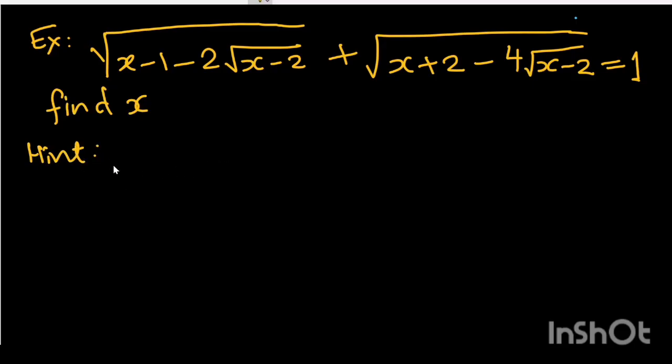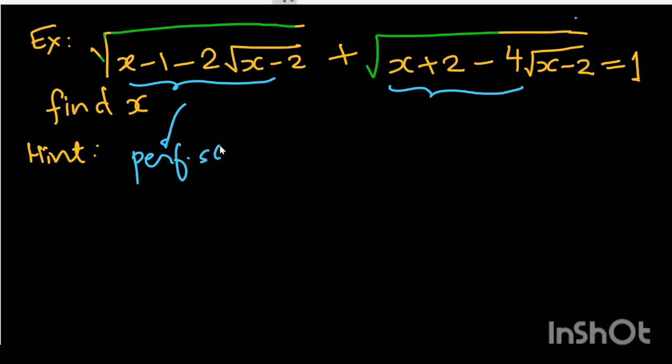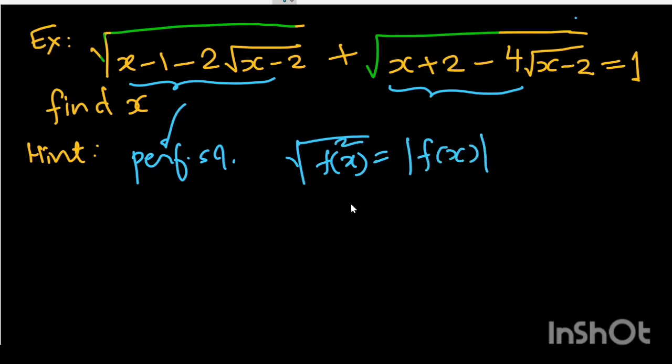In order to remove these under roots, our approach would be to make these terms perfect squares, so that if it is represented like f of x square, the root is removed. So we will do some rearrangement here.